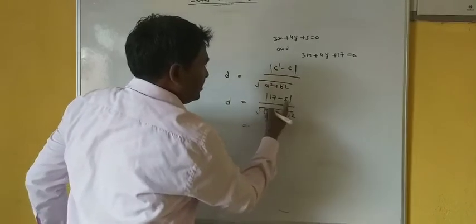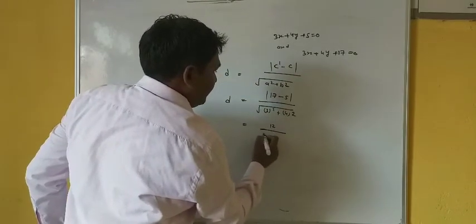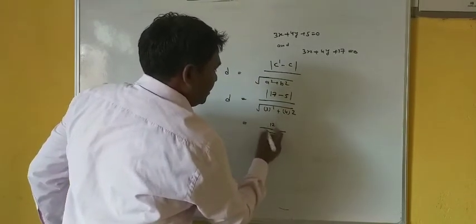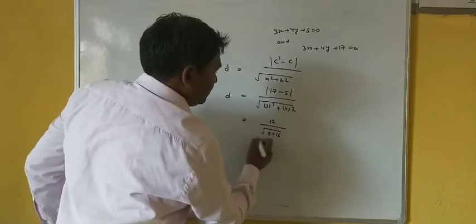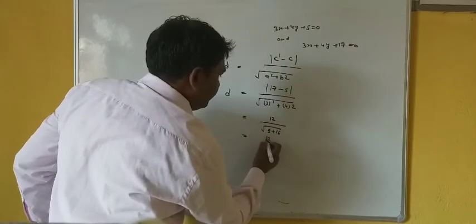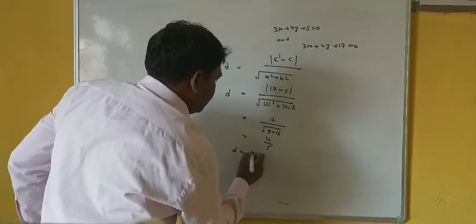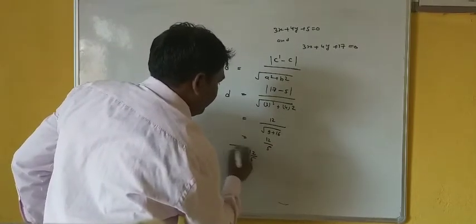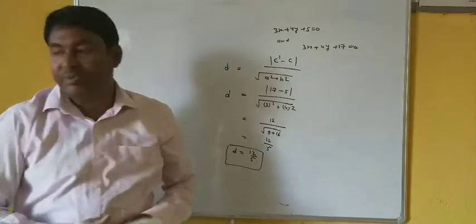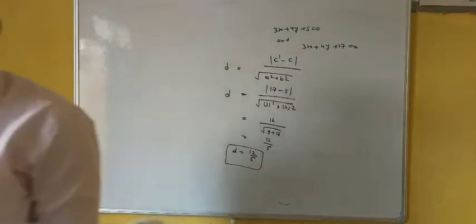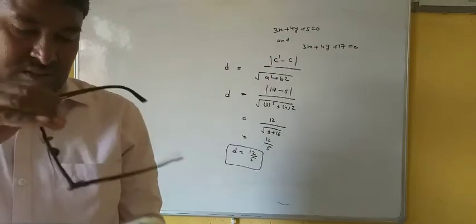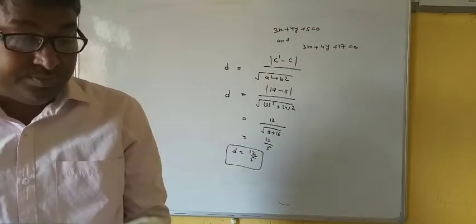This implies 17 minus 5, 12, divided by the square root of 9 plus 16, 12 by the square root of 25, which means 5. So here this distance is 12 by 5. This is the perpendicular distance between these two parallel lines. I think there should not be any problem.